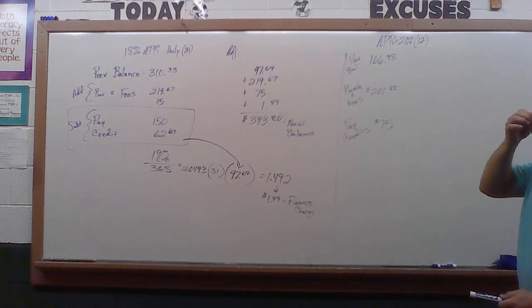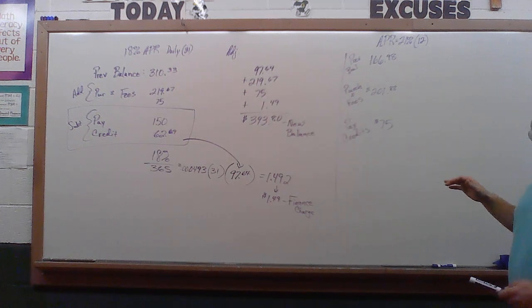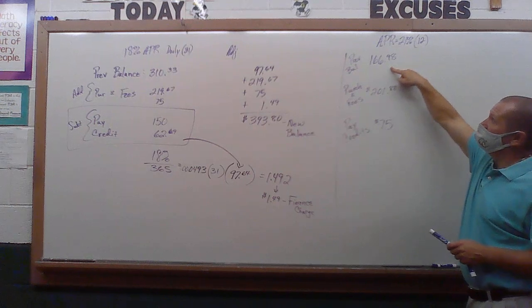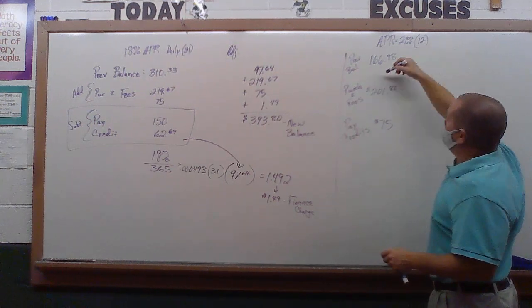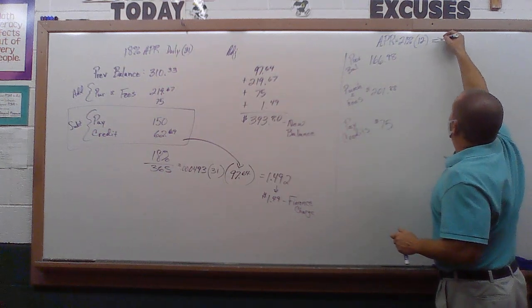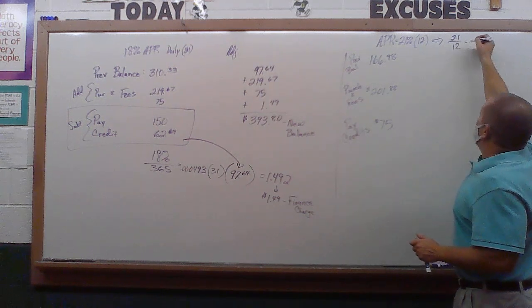So again, they specifically tell us that it's the adjusted balance method. So we're going to take our previous and do what? Subtract. Okay, so you can do this part first if you want. If we do the percentage, we would do 21 divided by 12 to get our rate.